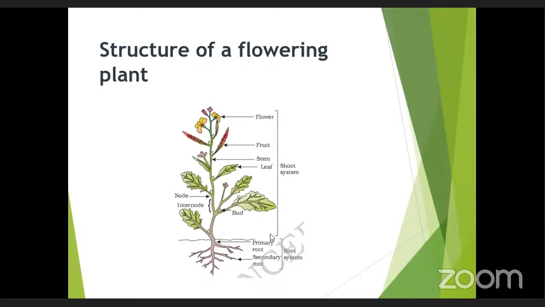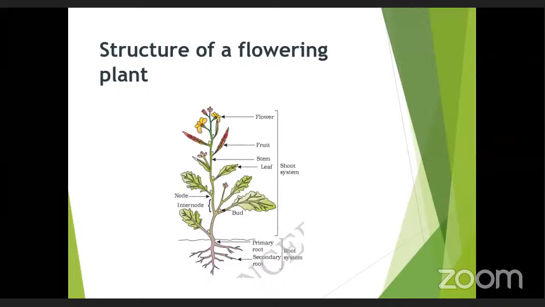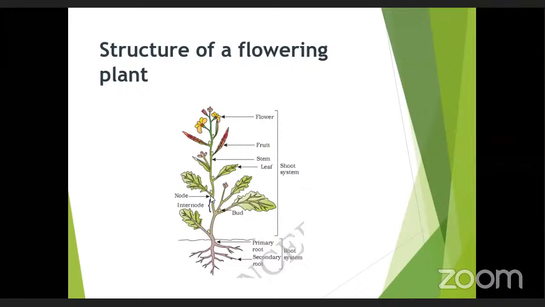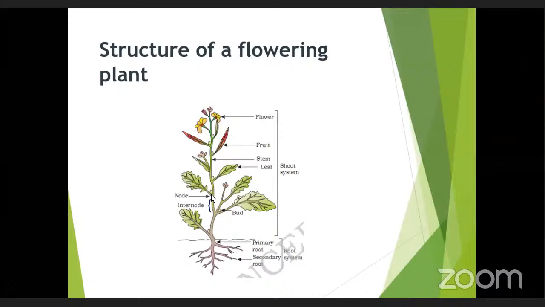Okay. So when you look at the node, that is the part that joins a leaf to a branch. As you can see, this part is the part that joins a leaf to the plant. That is the part we call the node.